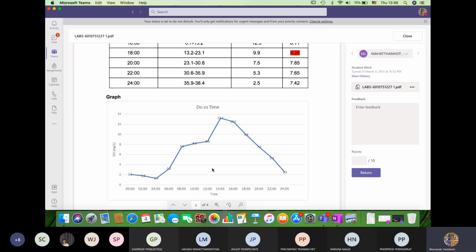This might be due to contamination by domestic wastewater, because once domestic wastewater is discharged from the treatment system or from the house, one of the major pollutants which come along with it is nitrogen and phosphorus. Nitrogen and phosphorus, we all know, are nutrients. They can actually promote the growth of the algae.